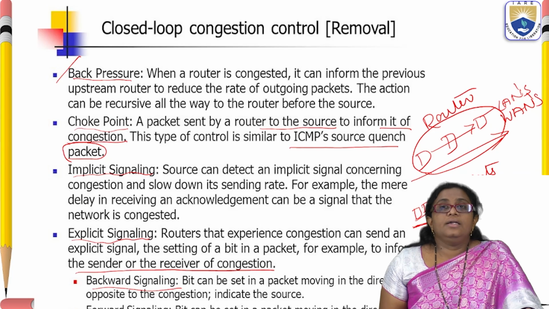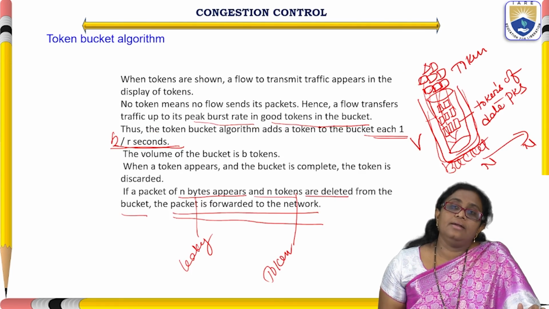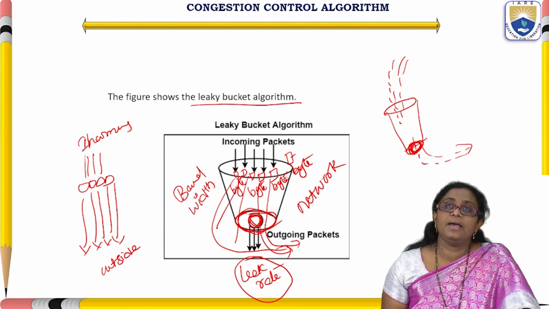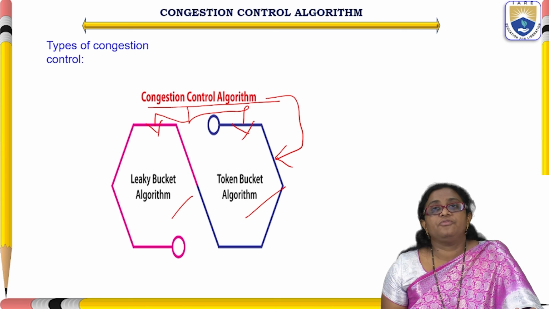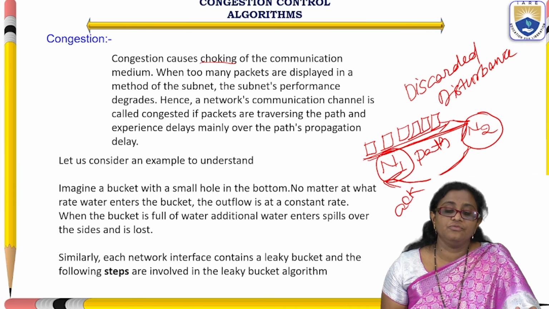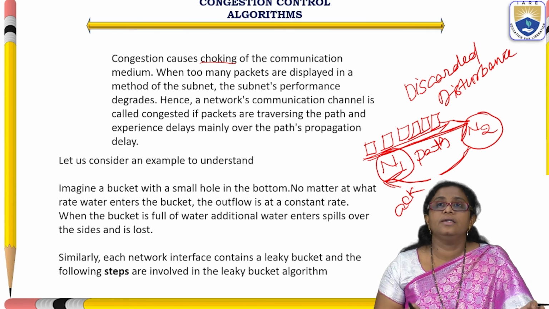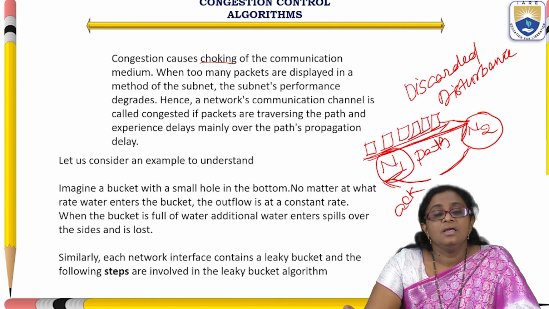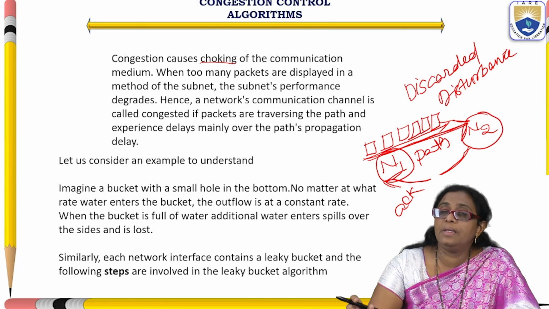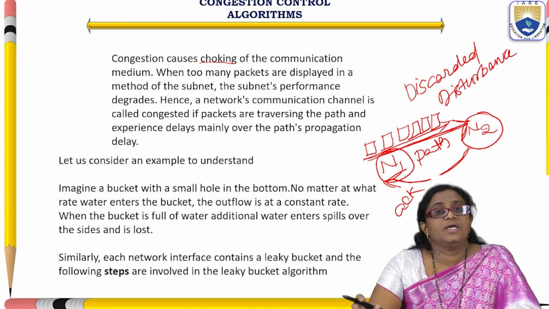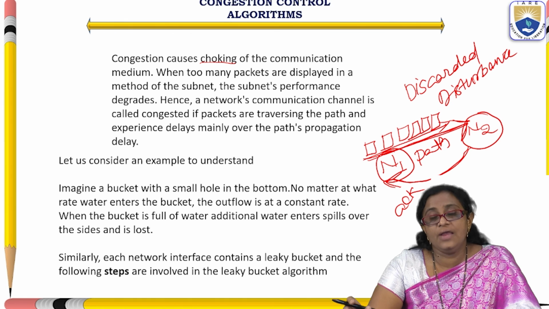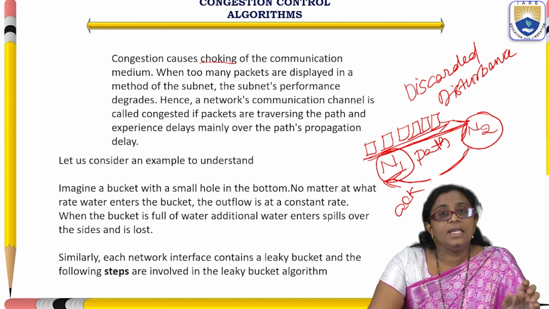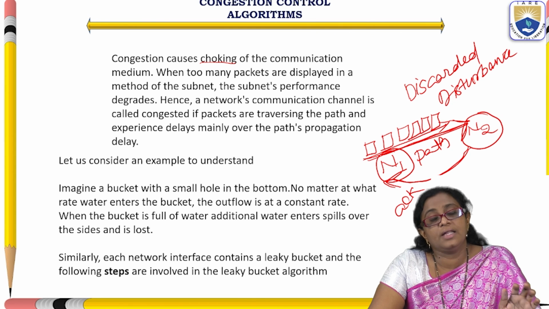So here, I have completed the routing algorithms along with the congestion controlling algorithms in this video. At the end of this video, the students will be able to learn what congestion is, how congestion takes place, and what algorithms are predetermined to control congestion while transferring data packets from one node to another, by means of the leaky bucket algorithm as well as the token bucket algorithm.